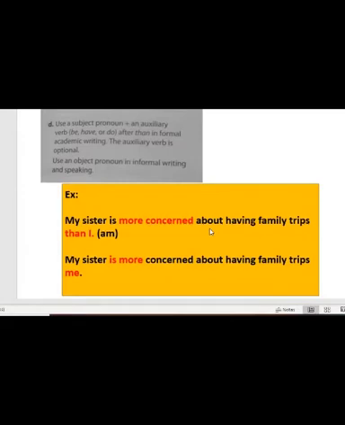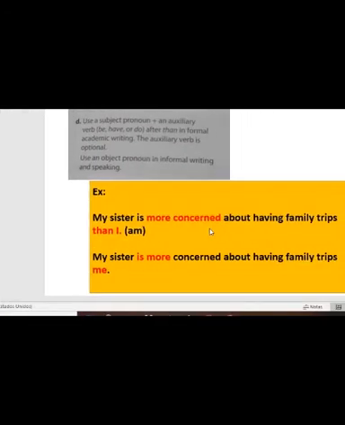Let's see the examples. My sister is more concerned about having family trips than I. I can say than I. You can omit the verb. And the other one says, my sister is more concerned about having family trips than me.